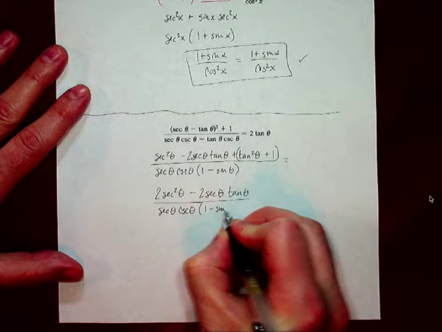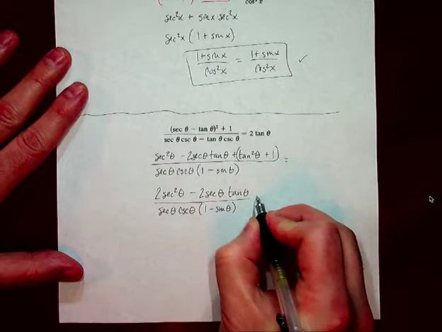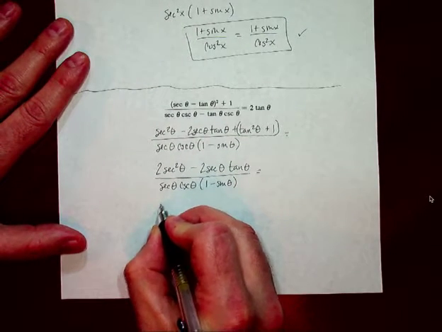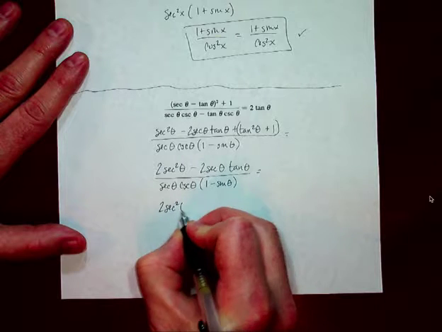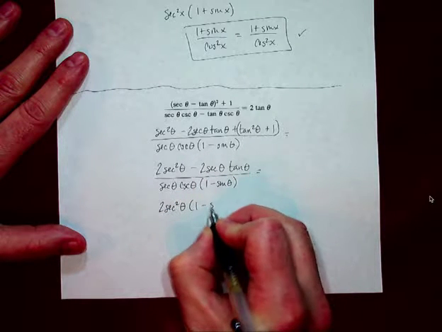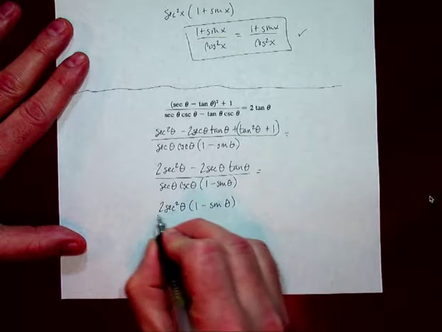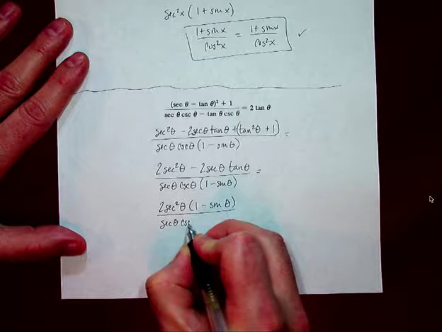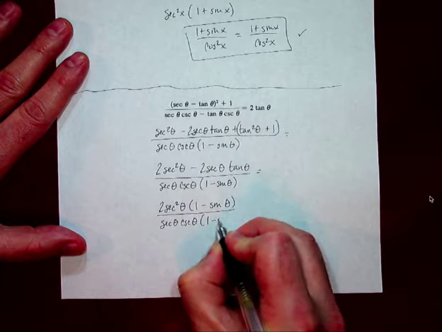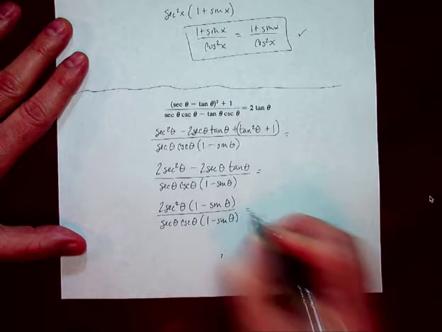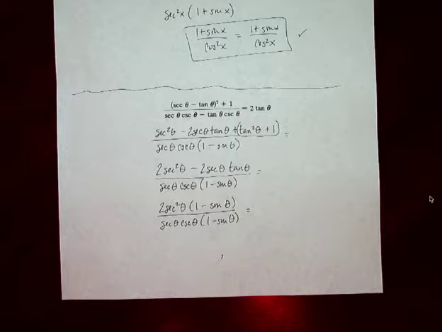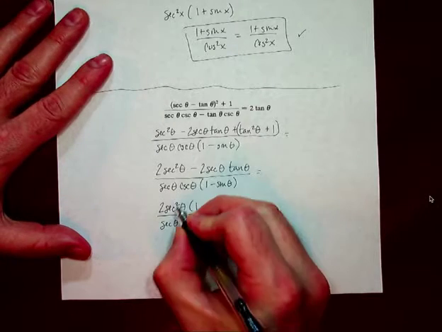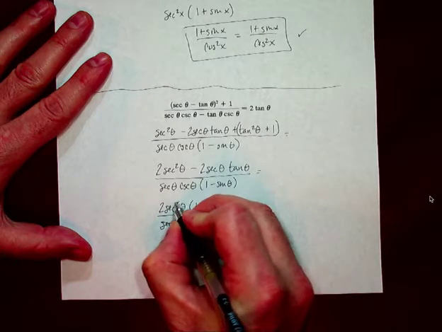And if that's the case, then I can factor out 2 secant squared theta times 1 minus sine theta over secant theta cosecant theta times 1 minus sine theta. And what looked like a hot mess at the beginning is all of a sudden looking very, very nice for a bit of cancellation. So this secant cancels with one of those.